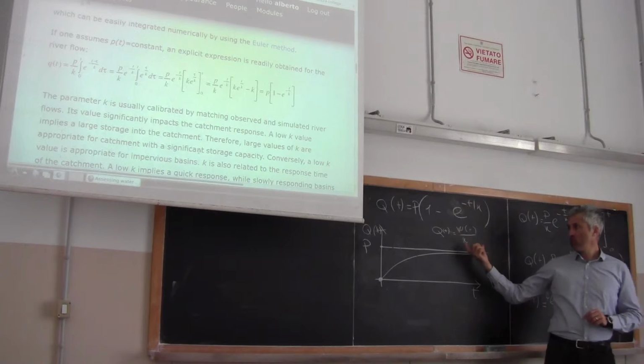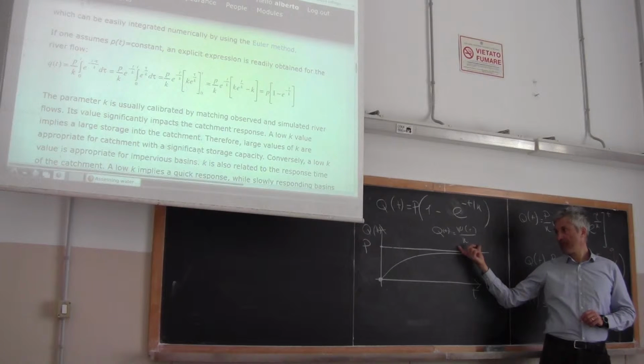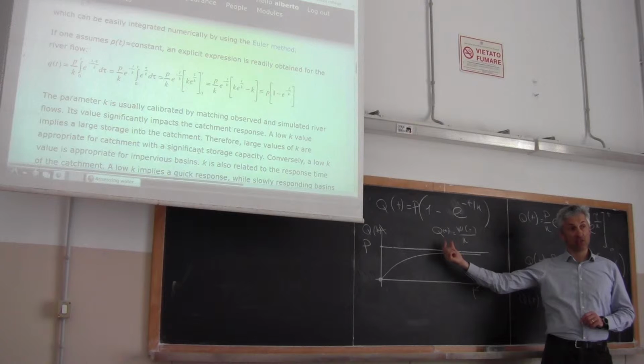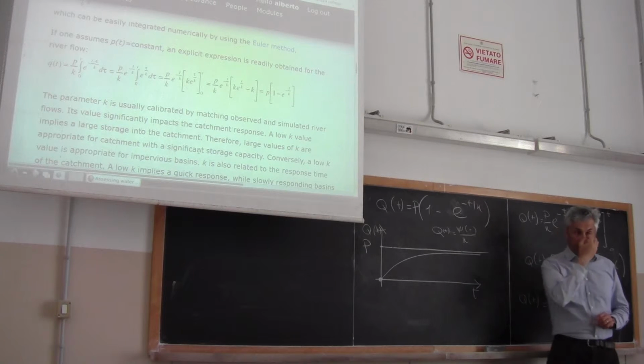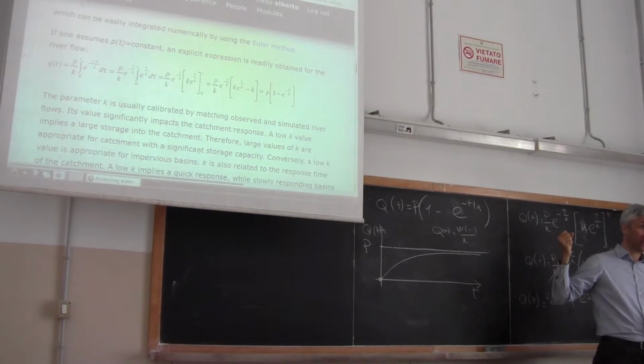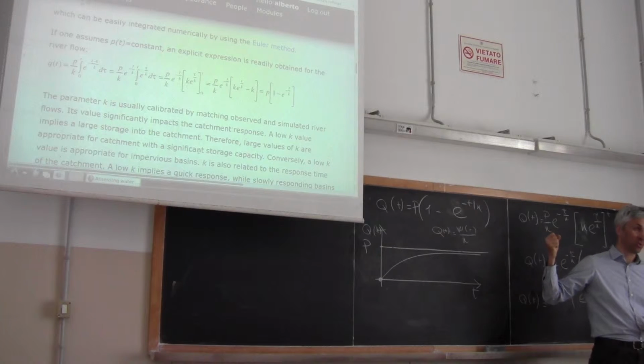So what happens if you have a large K value? What happens if K is long? You see that you get a decrease of river flow, which means that the attenuation effect I mentioned before is more significant.